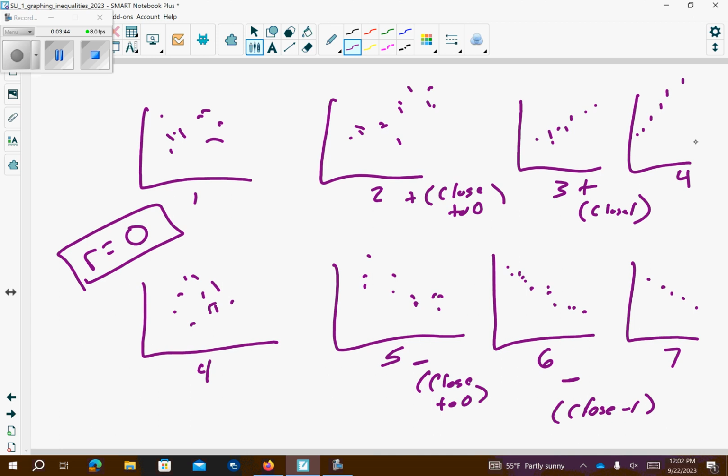These are the R values. Oh wait, this should have been 5, 6, 7, 8, sorry. So this has a positive 1 correlation, this has a negative 1 correlation, and positive versus negative just means that the slope of the line we draw between the points would be a positive slope. Negative correlation means it would be a negative slope.